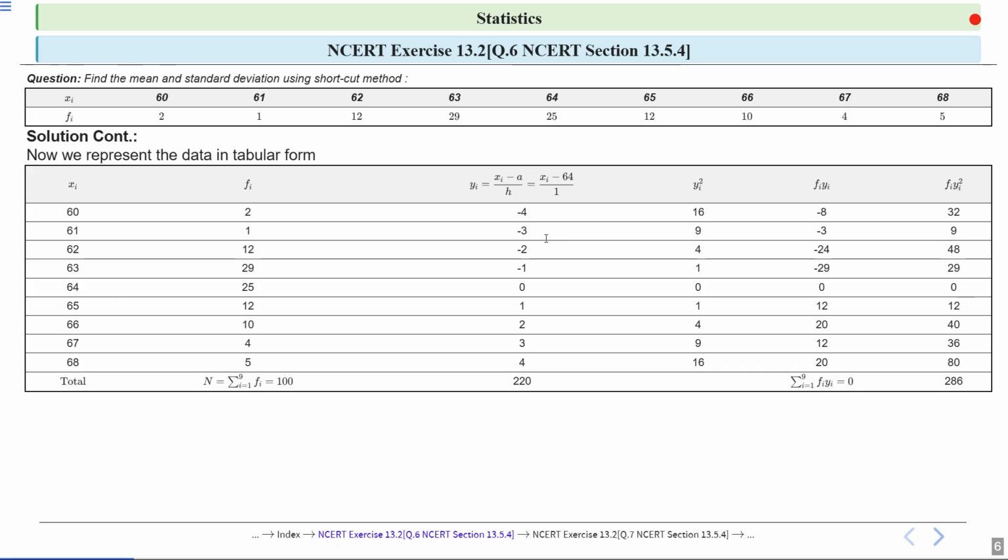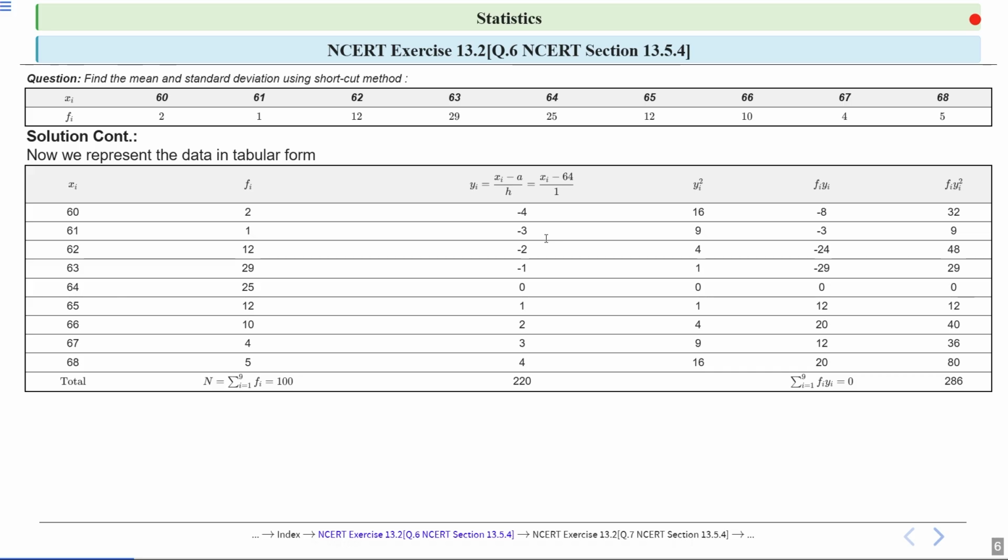The formula of yi is xi minus a divided by h, and here a is 64. So yi will become xi minus 64 divided by 1, since h is equal to 1. In the fourth column, we have yi square. In the fifth column, we have the product of fi and yi. And in the sixth column, we have fi times yi square.